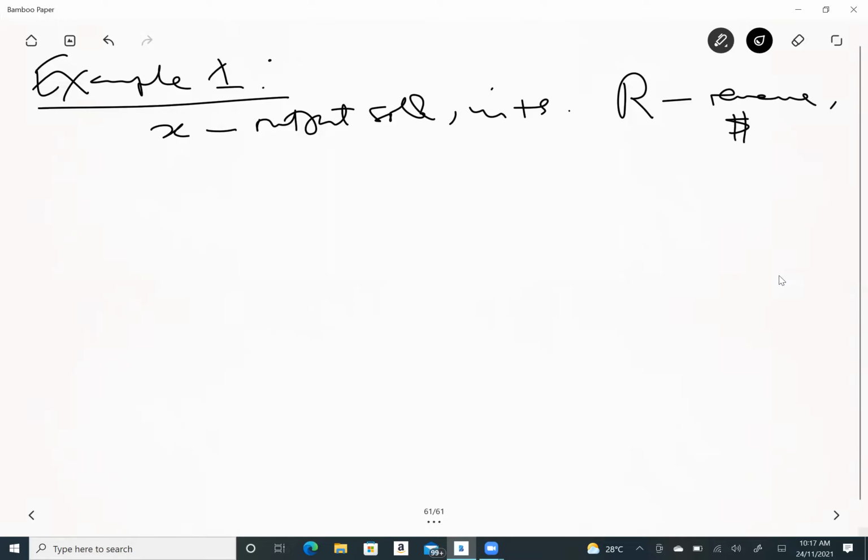Now we are clear what these variables stand for. So number 1, you get the derivative. The derivative of R is R prime, that is the marginal revenue. What is it? 8,000 minus 40 minus 80x minus 3x.